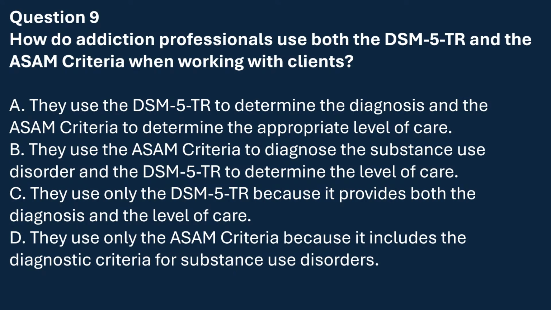C. They use only the DSM-5 because it provides both the diagnosis and the level of care. Or D. They use only the ASAM criteria because it includes the diagnostic criteria for substance use disorders. How do addiction professionals use both when working with clients?